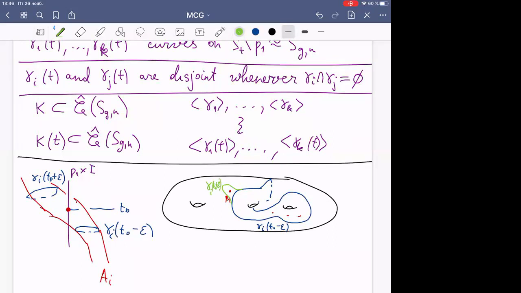And of course, in this situation, we may easily make these two curves disjoint. We just go around this curve. I'm sorry for this.